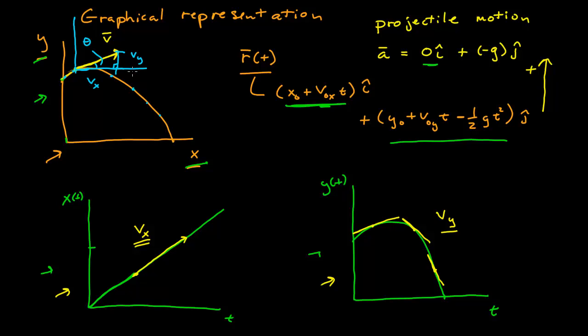And so now in 2 dimensions we have another way to represent the graphical motion, and it gives us more useful information. But it's important not to confuse this graphical representation with the position versus time graphs that we were looking at before. And that's the end of this module.